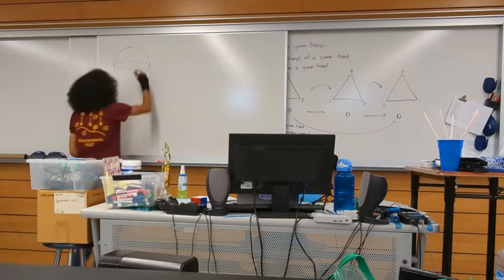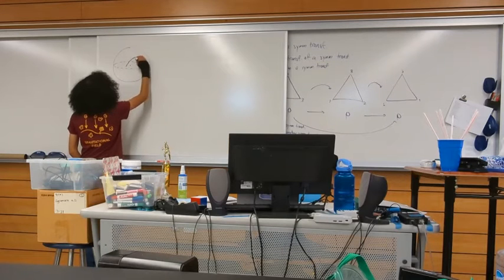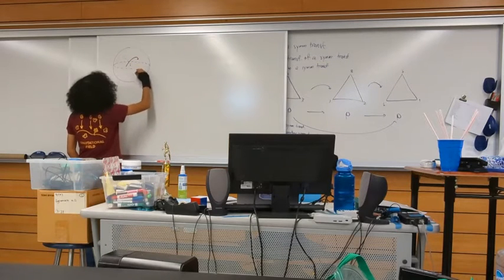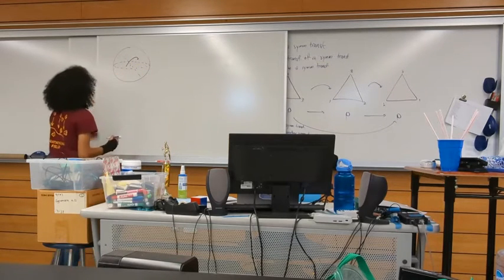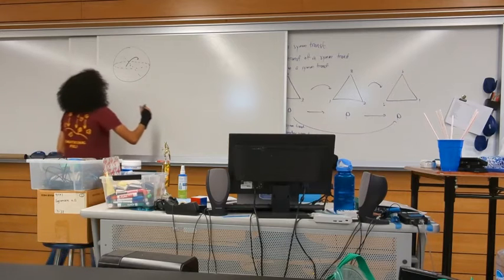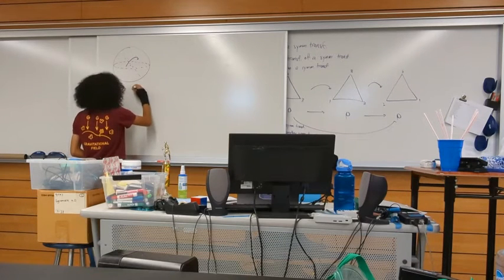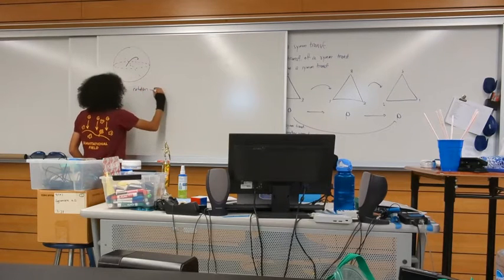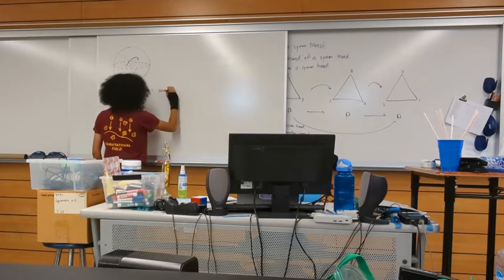So I can do some kind of rotation about some axis that's supposed to pass through that. And then that rotation will give the same charge distribution.